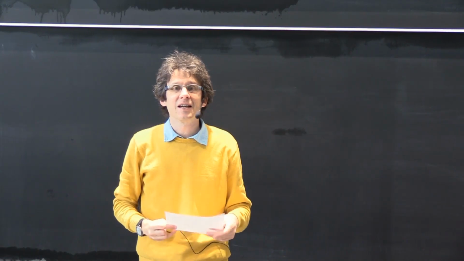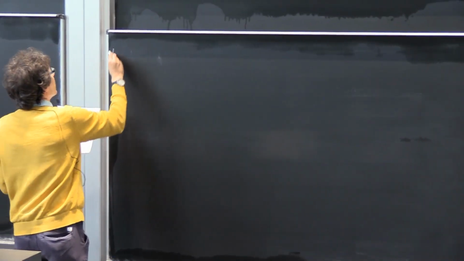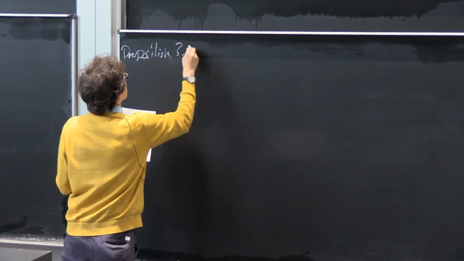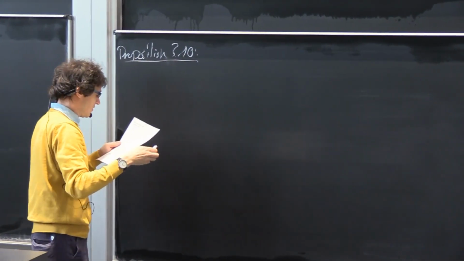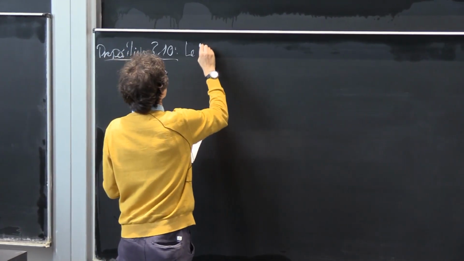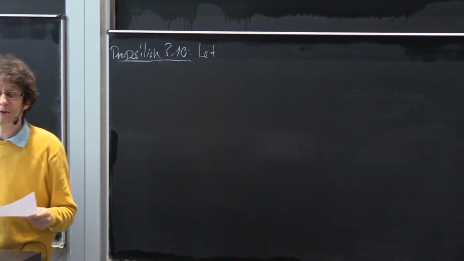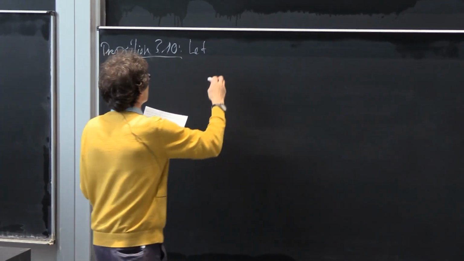So let's start again. And I already announced what the next proposition will look like. So this is proposition 3.10 that also gives us the result that we know from classical derivatives for weak derivatives.